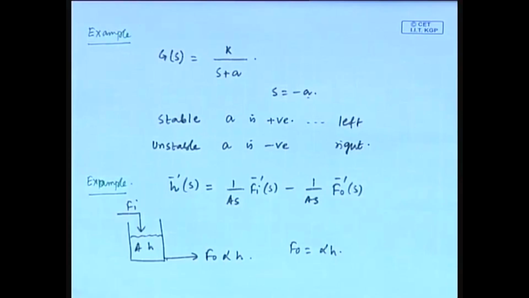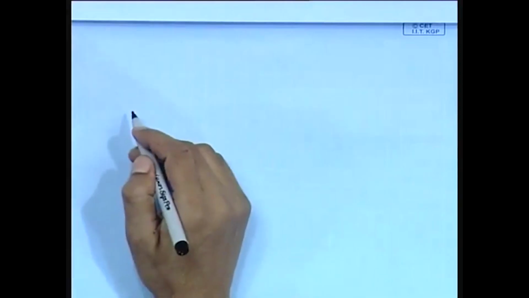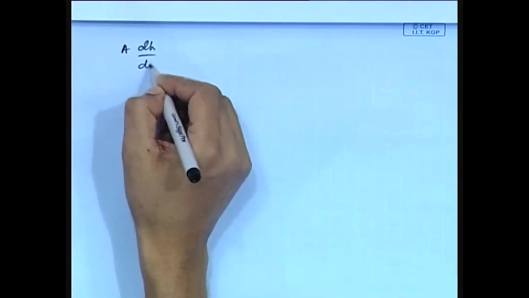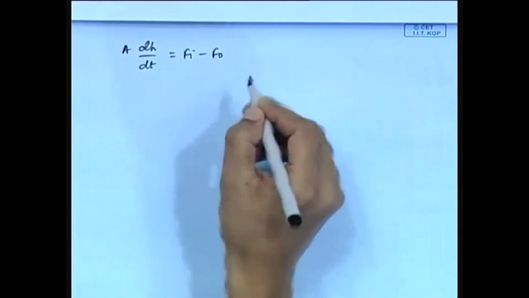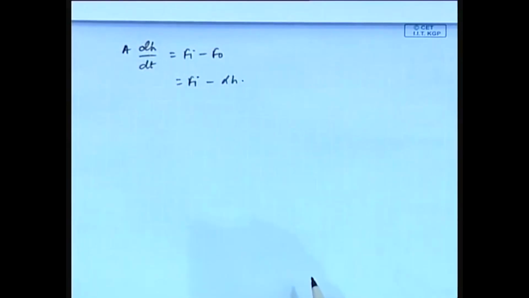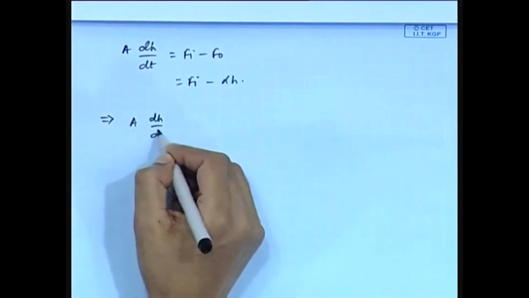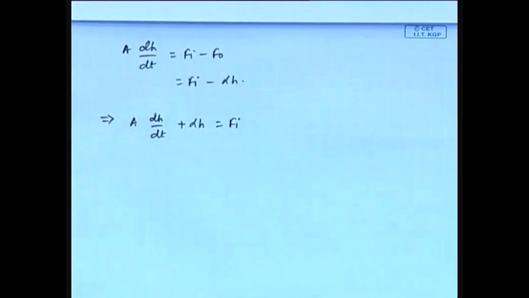Now, if we substitute this in the model equation, then what will we get? A dh/dt equals F_i minus F_o equals F_i minus alpha times h. So, A dh/dt plus alpha h equals F_i.